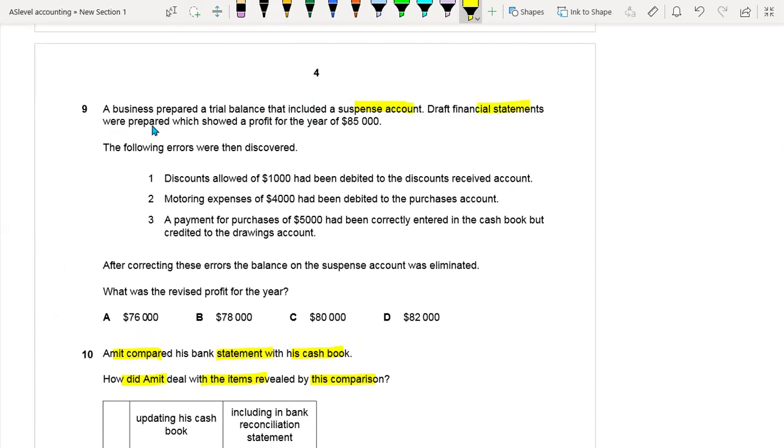Draft financial statements were prepared which showed a profit for the year of 85,000. The following errors were then discovered. After correcting these errors, the balance on the suspense account was eliminated. What was the revised profit for the year? In that case, just give me one second.